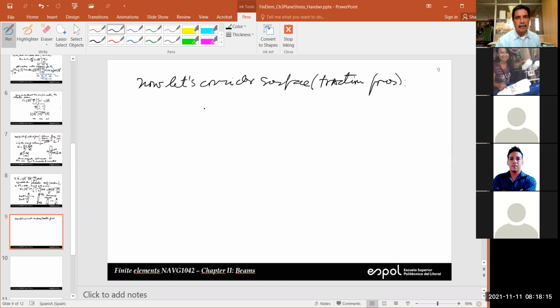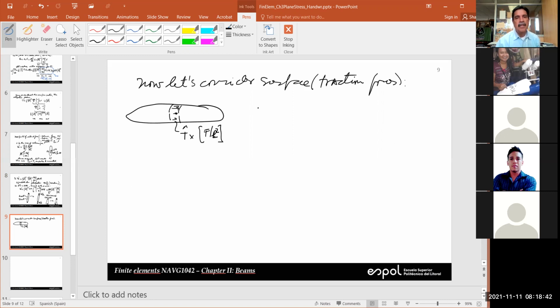Okay, so let me draw horizontally. We have something like this, and we're going to consider a small area here. So we have something like this. Okay, so this is force per unit area. So we call it T, the traction. This is force per unit area.